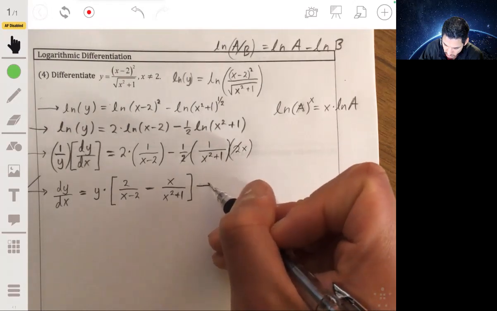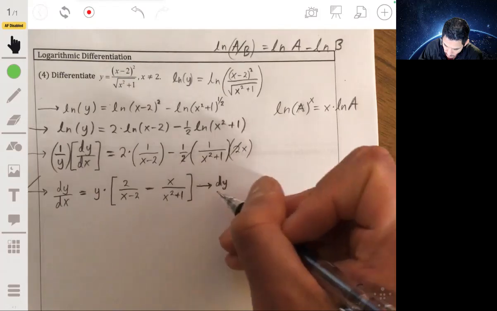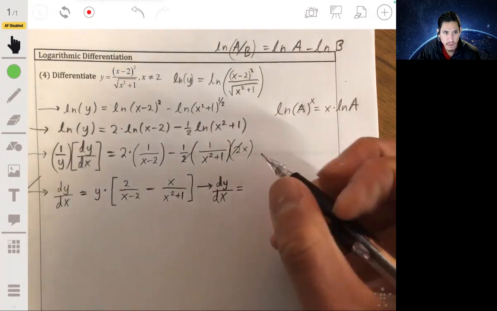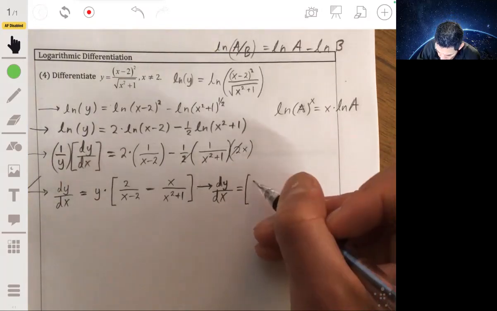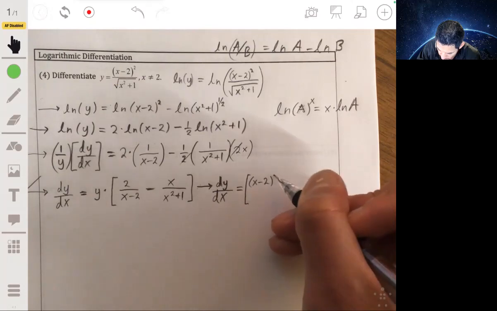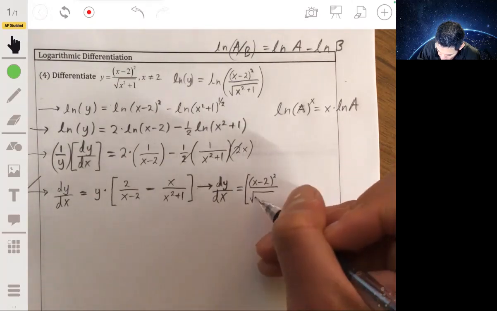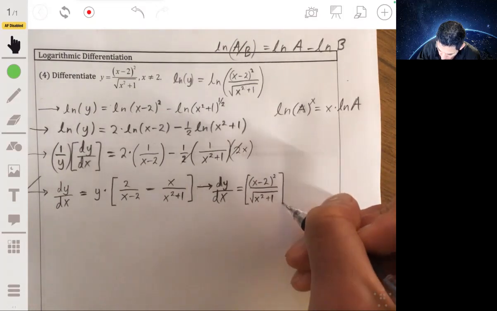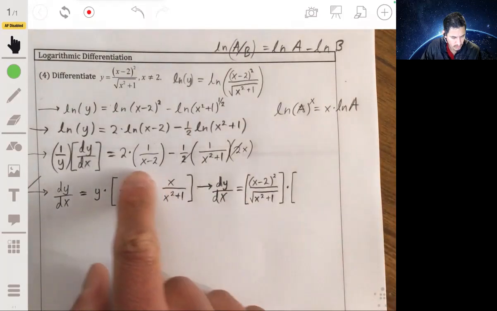So then this becomes dy dx being equal to x minus 2 squared over the square root of x squared plus 1, times all of this.